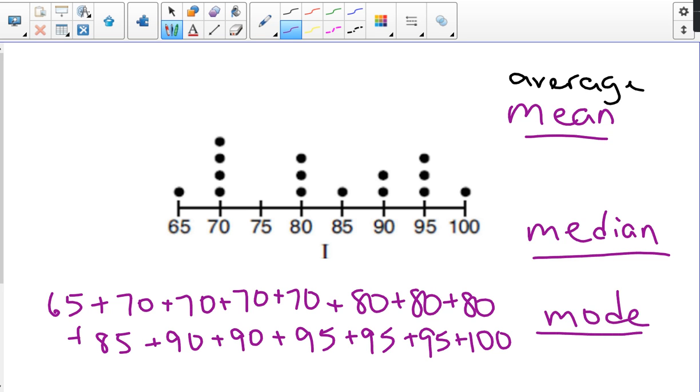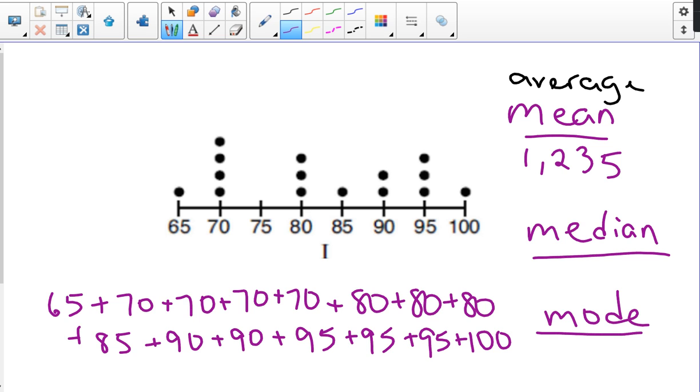So go ahead and add these up, pause the video, and then come back when you have the number that we get when we add it all together. Okay, we get 1,235, okay? Then we have to count up the number of students, because we're going to want to divide this by the number of students that we have.